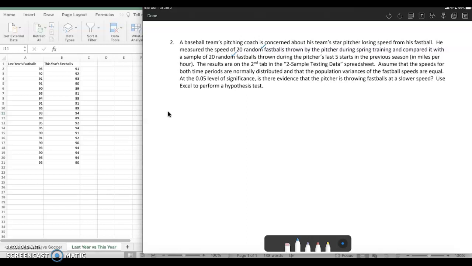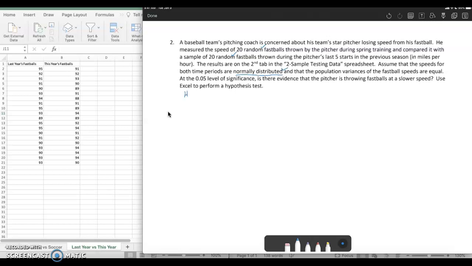So they're independent samples from each other. They were taken at 2 completely different times, so they are independent. And we are told the sample sizes are only 20, so they don't hit the sample size requirement, but we are told that the speeds for both time periods are normally distributed. So we do hit all 3 of our criteria.